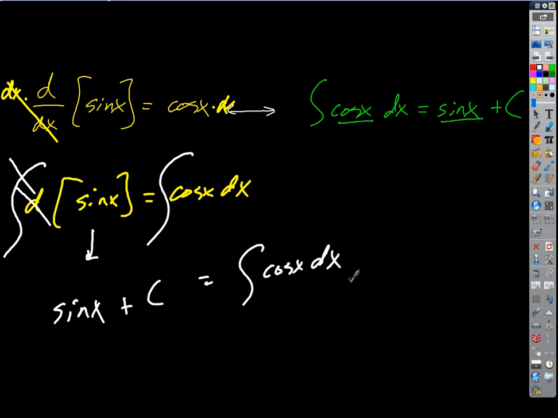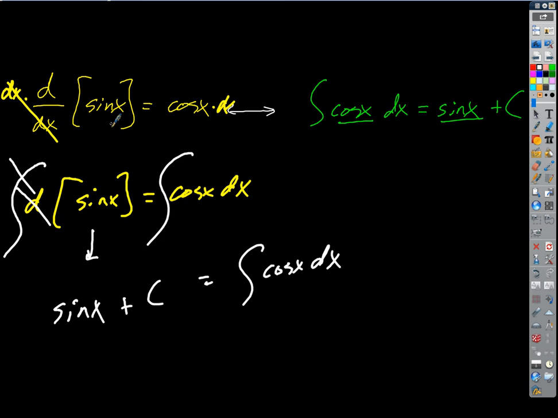So what does that help us with? Well, that tells us that we get a new formula. We get an antiderivative formula that came from our original derivative formula. Doesn't this make sense, though? Before we said the derivative of sine x equals cosine x. Now we're playing calculus Jeopardy, and we're just asking the question, the derivative of what is cosine x? Sine x.